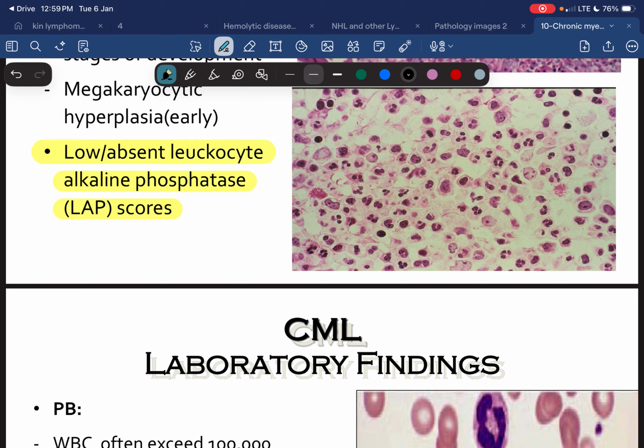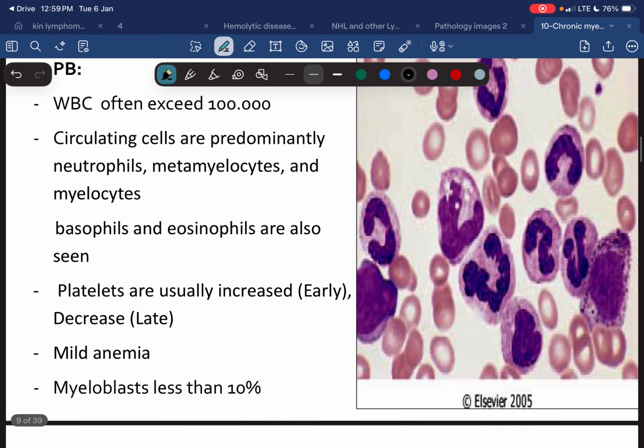The platelets are increased early in the course of the disease while late they will be decreased. The patient will experience mild anemia as well. The cutoff for CML is that myeloblasts should be less than 10%.